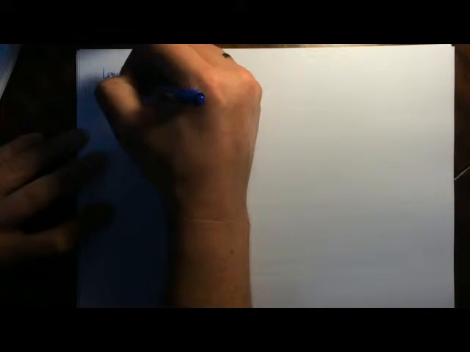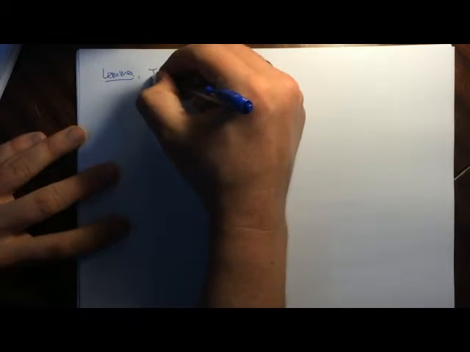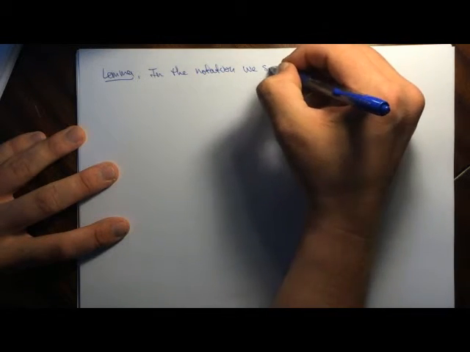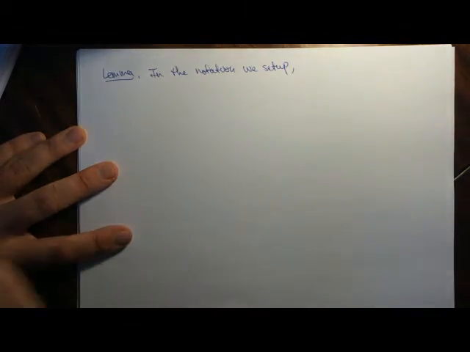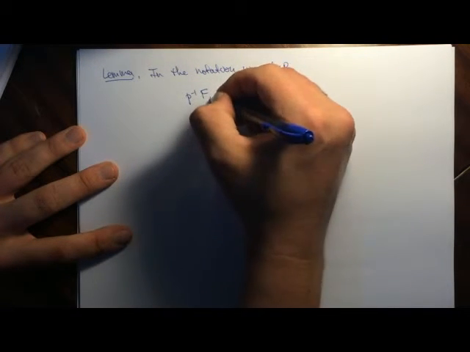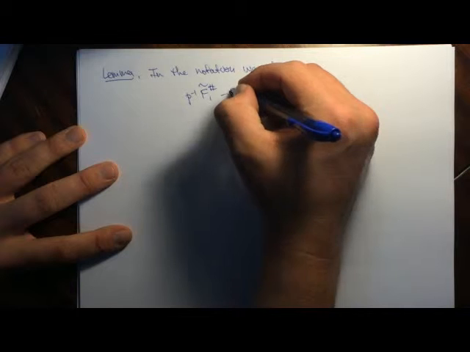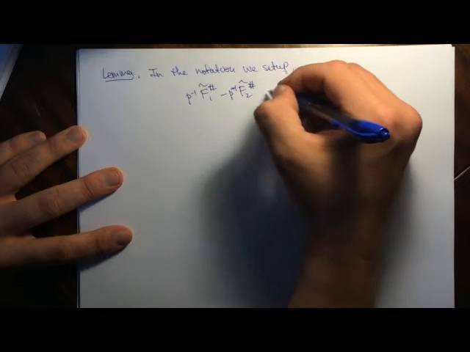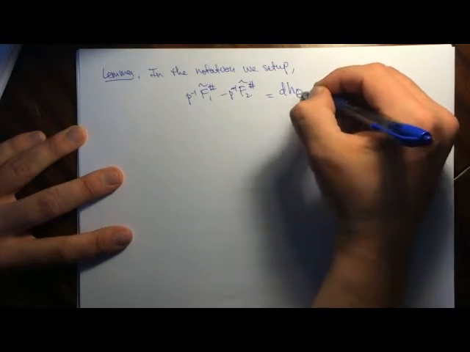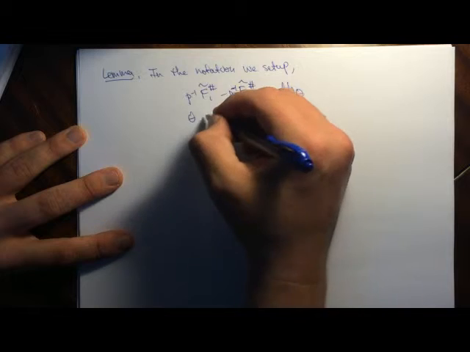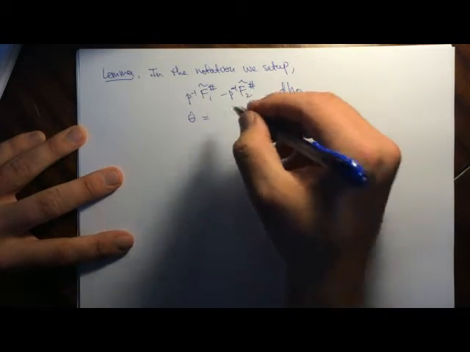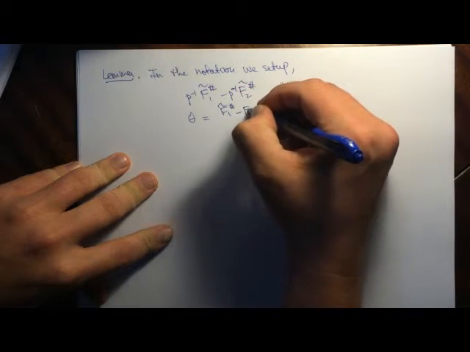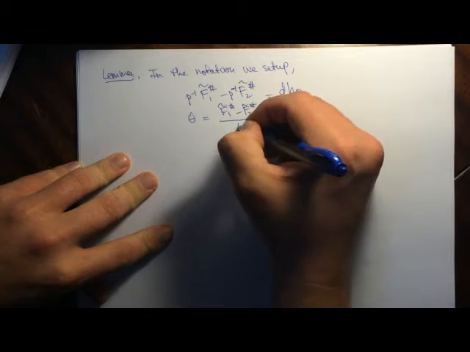So, lemma, in the notation we set up: phi 1 sharp minus p inverse phi 2 sharp is equal to d h of theta, where theta is equal to, well, there's two ways we can say it, phi 1 sharp minus phi 2 sharp divided by p.